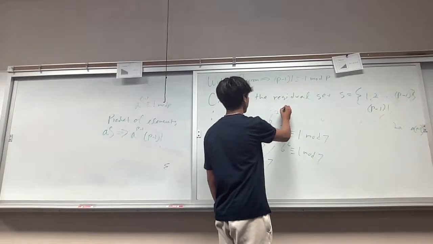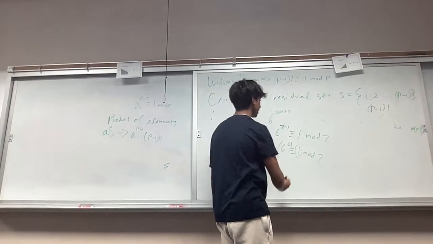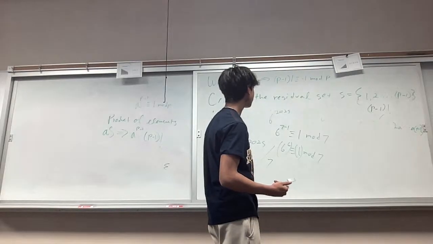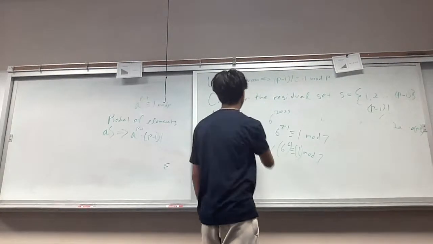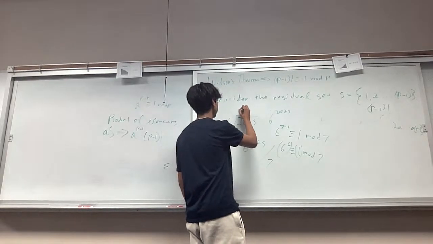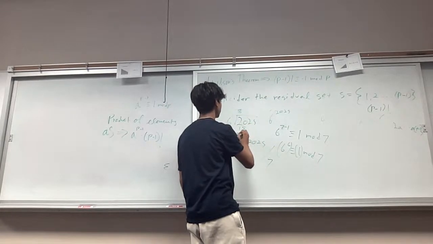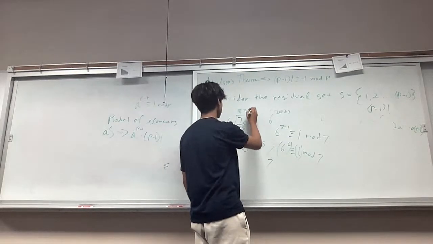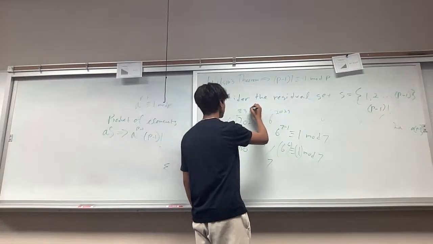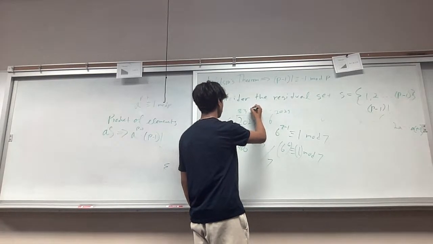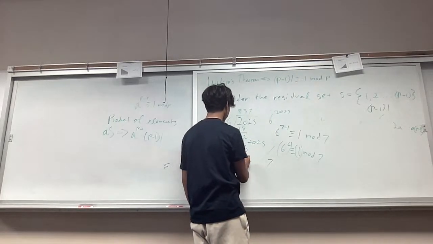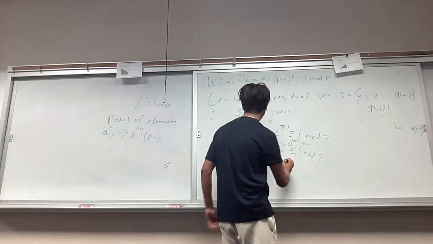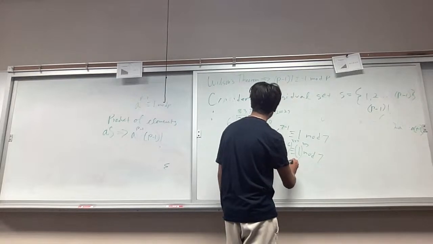And then to get to 6 to the 2025, you can raise it to the power of 337 on both sides.